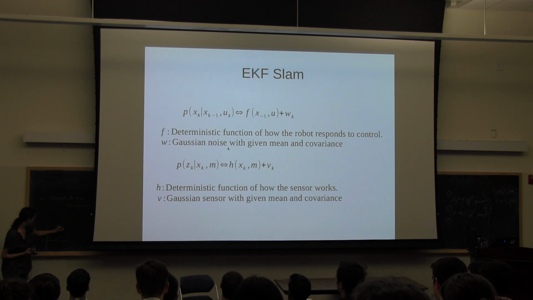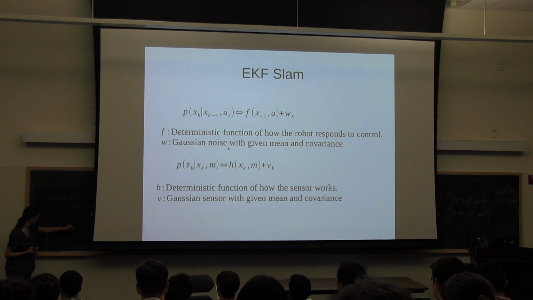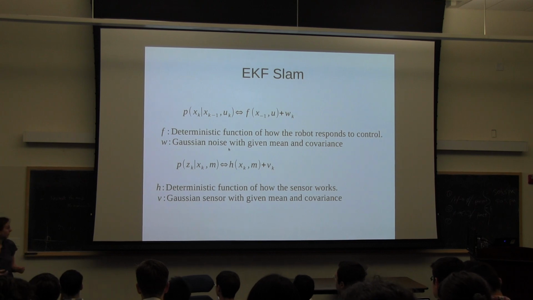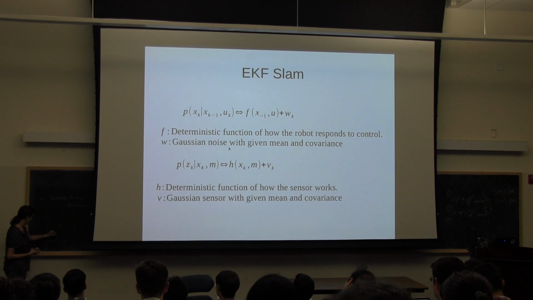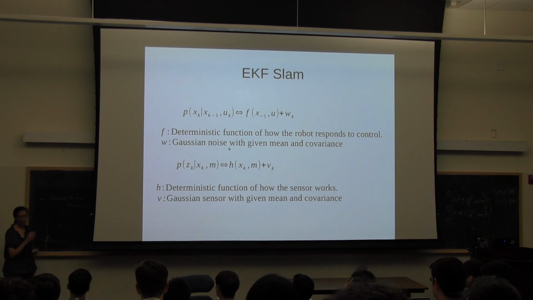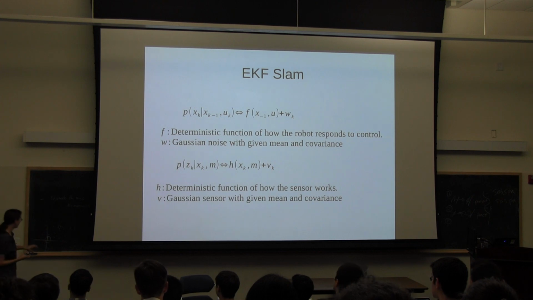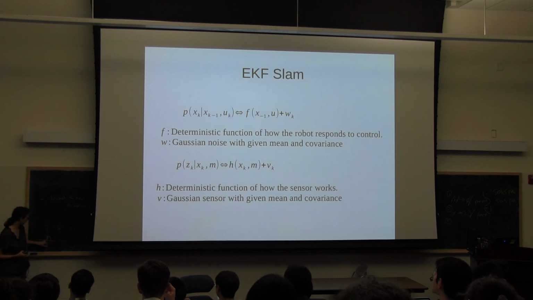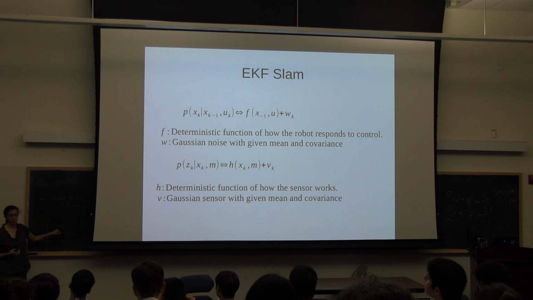So M sub K is landmark number 6, and its XY position is like over 3 and up. I have some deterministic function that says if I'm here and I've got a LiDAR giving me returns, and whatever feature detector magic I've got, it's going to tell me that if my landmark is here, it's going to give me this observation.